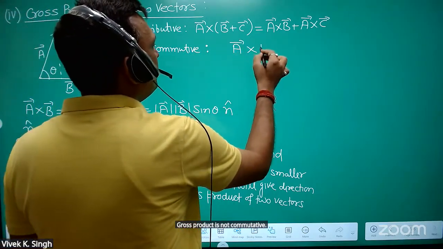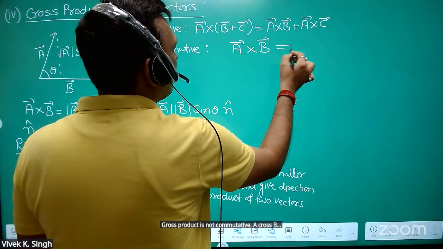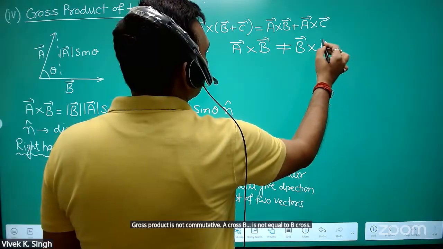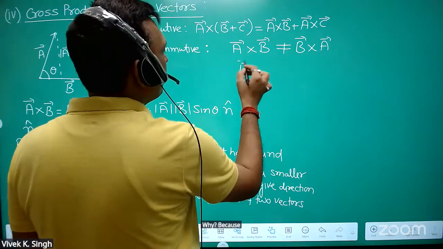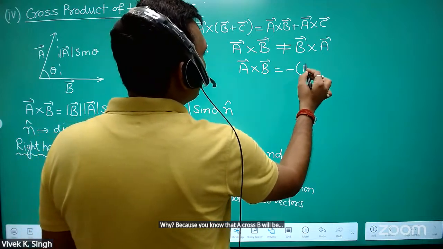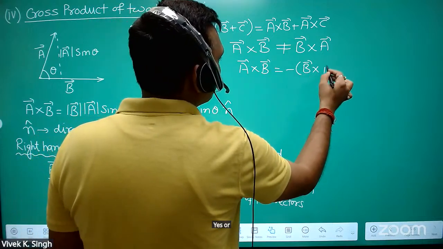A cross B is not equal to B cross A, because A cross B will be minus of B cross A. Yes or no?